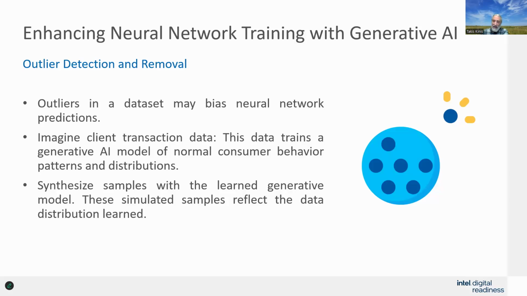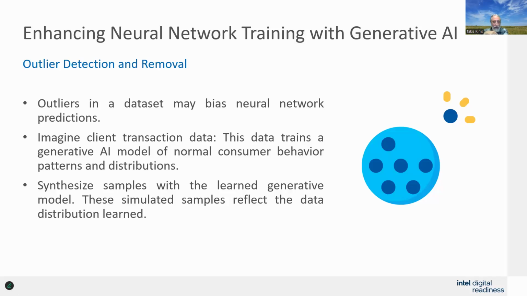Another thing that's kind of interesting with this is this whole concept of outlier detection and removal. So in other words, if we have a data set, most of the data fits neatly in this area, but then we have that one that's way out here that doesn't really quite fit, right? And what they're telling us here is that outlier data can bias the network predictions, right? So it says, imagine client transaction data. This data trains a generative AI model of normal consumer behavior patterns and distributions.